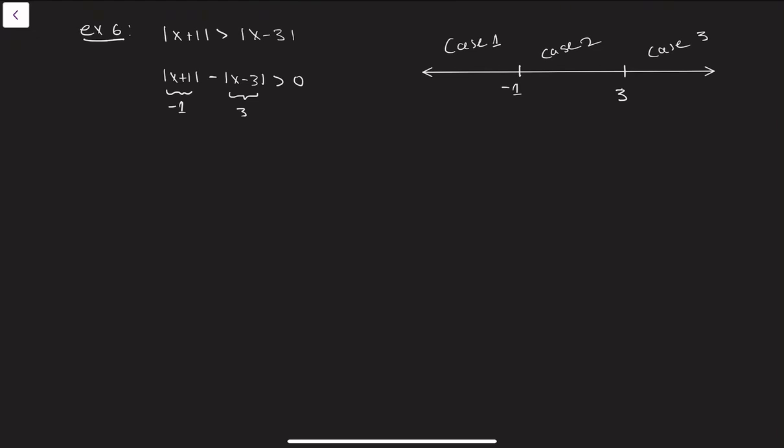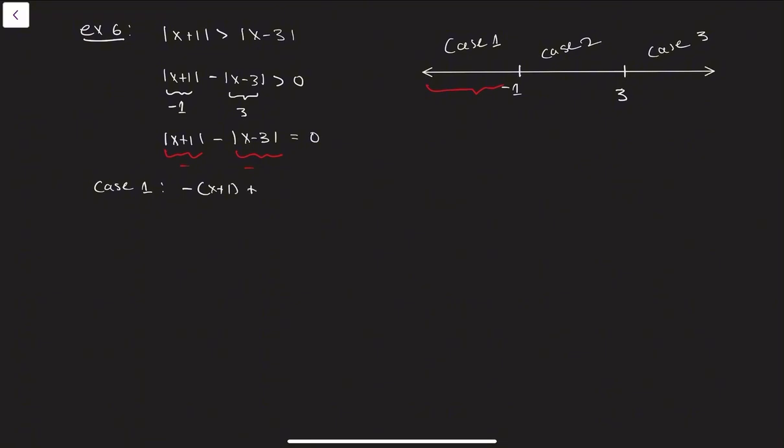And I'm going to make this an expression that is equal to 0. So x plus 1 minus x minus 3 is equal to 0. And I'll show you why. So for case 1, when we do this, if we're operating within this range, less than -1, this means that this absolute value is negative and this absolute value is negative. Meaning we're going to have negative x plus 1.